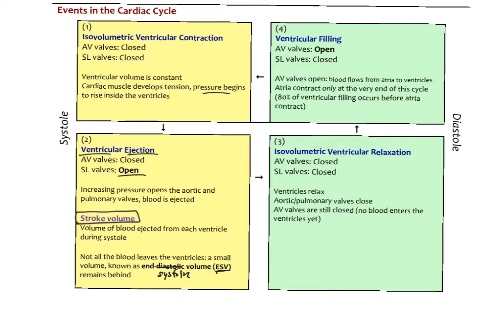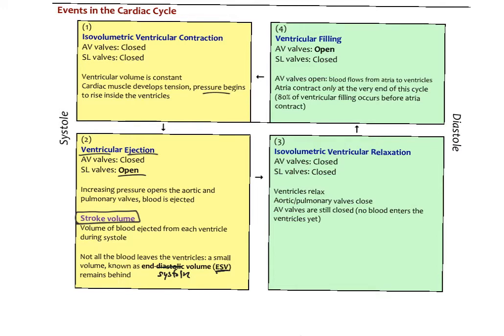Then, as the ventricular wall continues to relax and the pressure drops in the ventricles, the AV valves now open, and blood is going to rush from the atria into the ventricles. And so that's going to cause ventricular filling. So that's the final phase there.